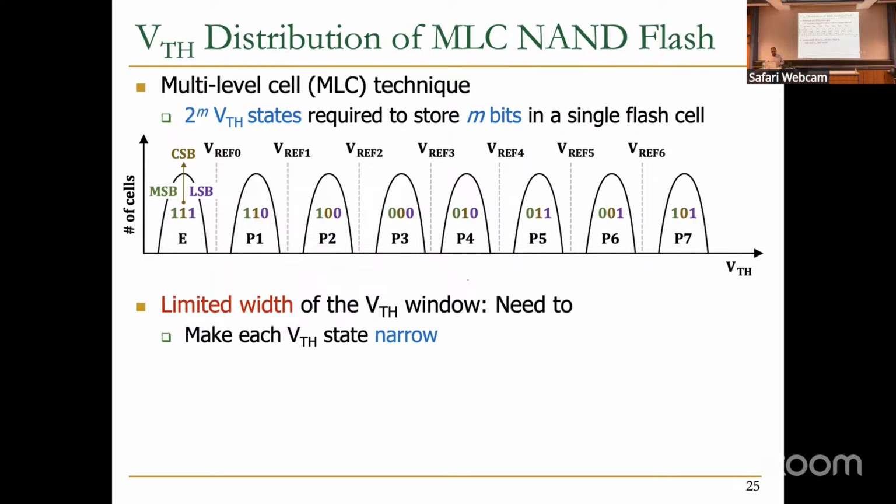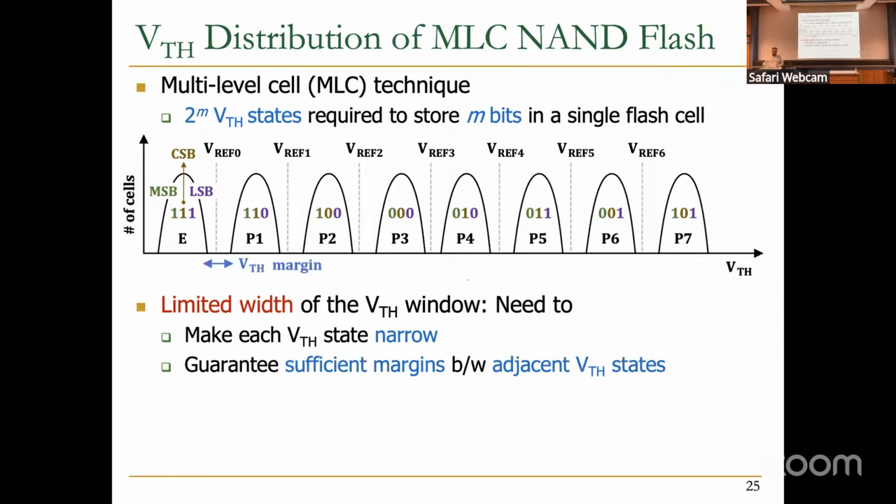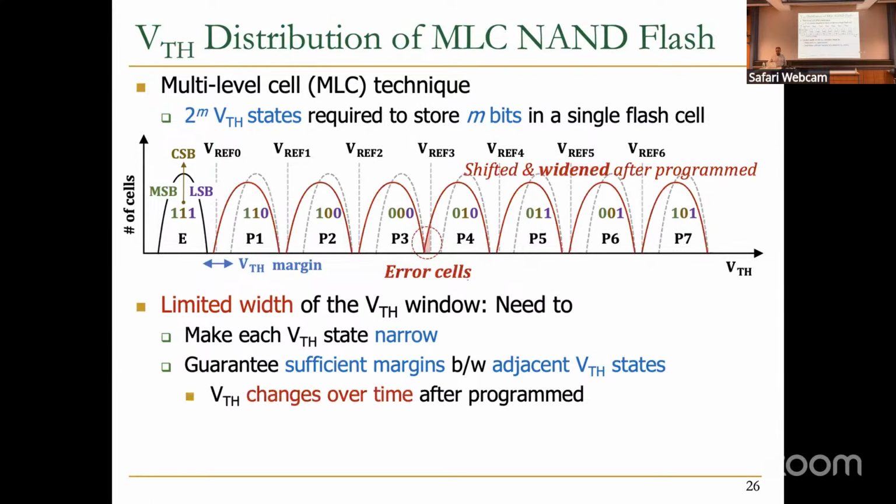That's why when you are programming MLC NAND flash memory or TLC or QLC, you need to spend much more time compared to SLC. That's one reason why they are slower. Another reason is that we need to guarantee sufficient margins between adjacent VTH states, just to make sure that we can read properly.